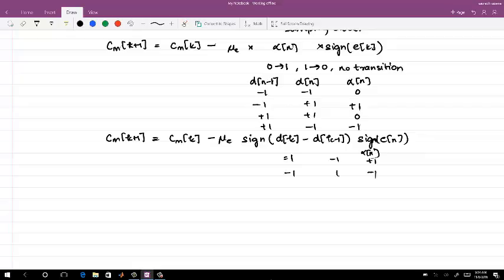So this is a good point. This is basically I'm looking for as d of m minus k, and let me just write it again. You will look for the transition at that edge.